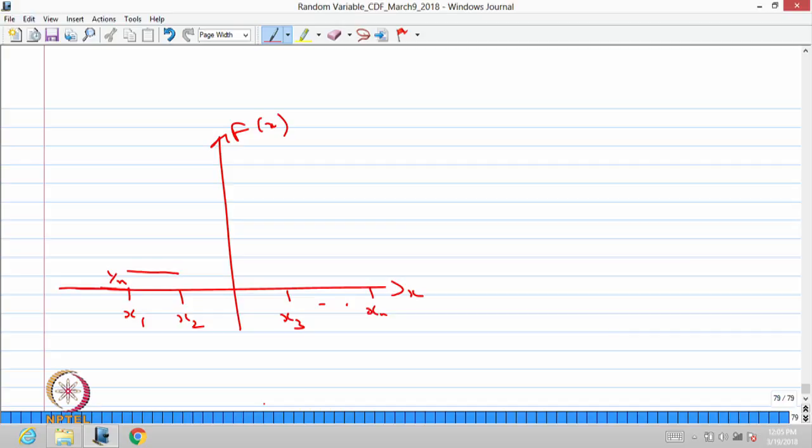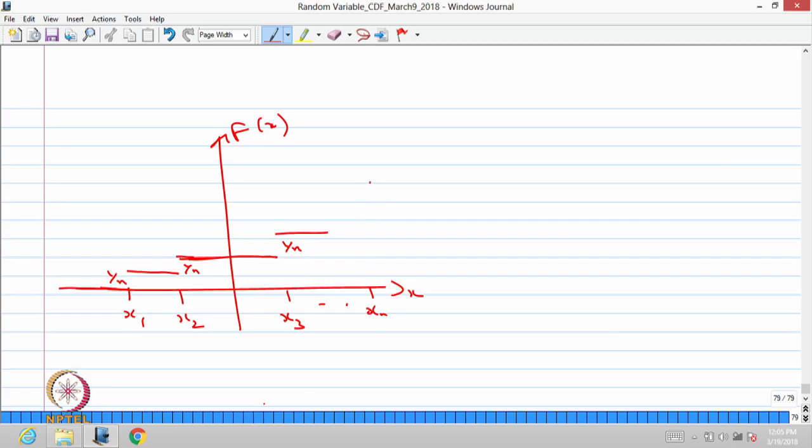Till x2 the value is 1 by n. At x2 it has the next jump. Till x3 it is going to be the same value, and this jump is 1 by n. At x3 it has the next jump, and this jump is 1 by n. All the jump heights are the same.